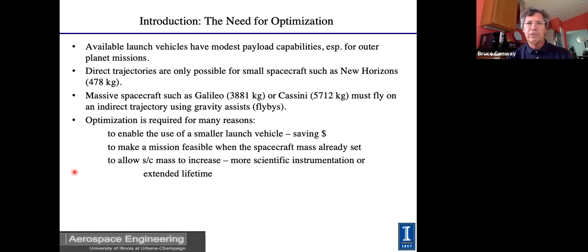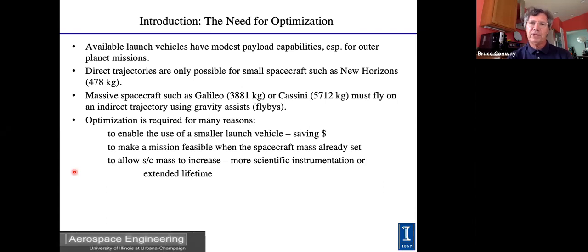So we need optimization for many reasons. The technology that we have available is not that great. If you can optimize the trajectory, you might be able to use a smaller launch vehicle. And it turns out that, roughly speaking, the cost of a launch vehicle is almost linearly proportional to its mass.